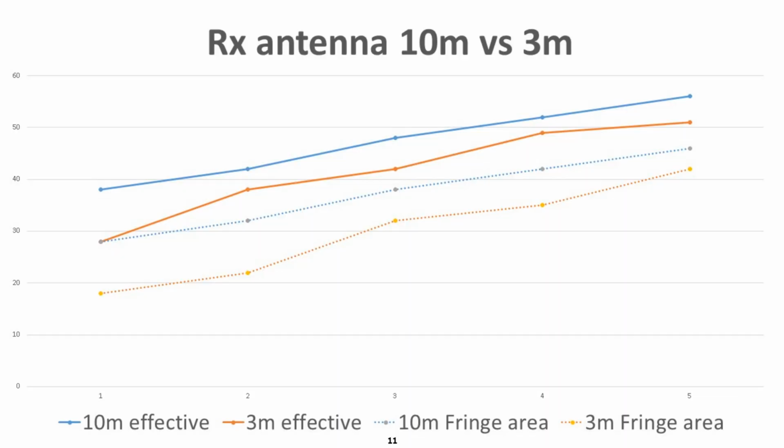I'm showing you a table that compiles the data for the 10 meter with varying transmit ERP, and for 10 meters and 3 meters antenna height of the receiver.